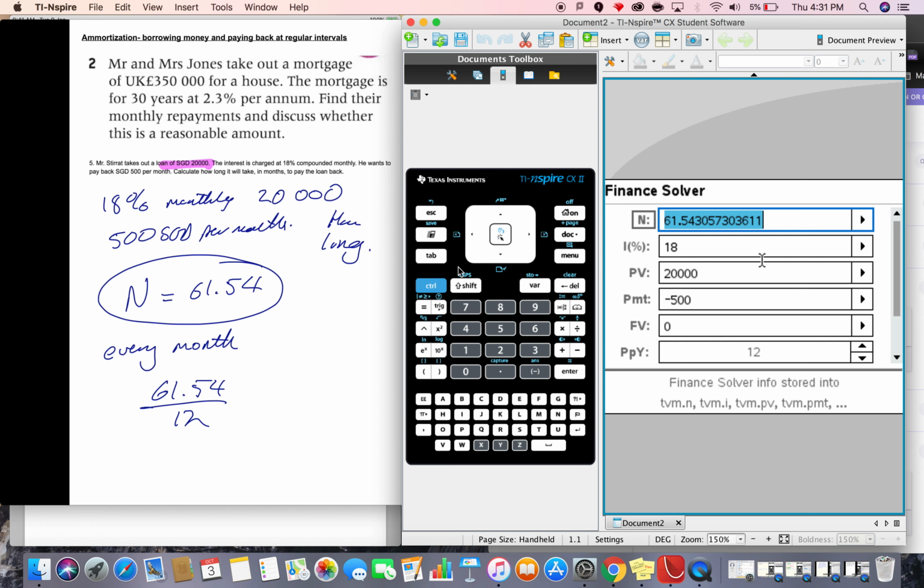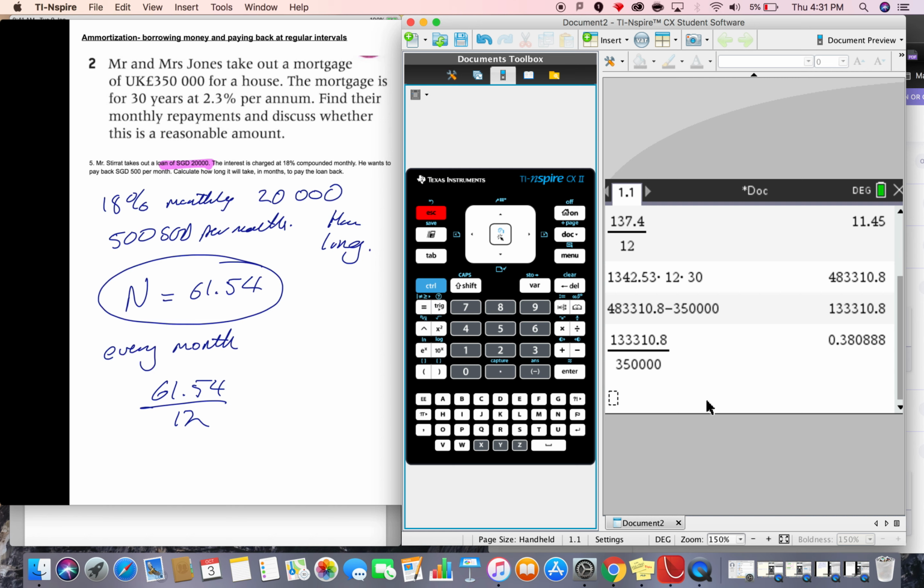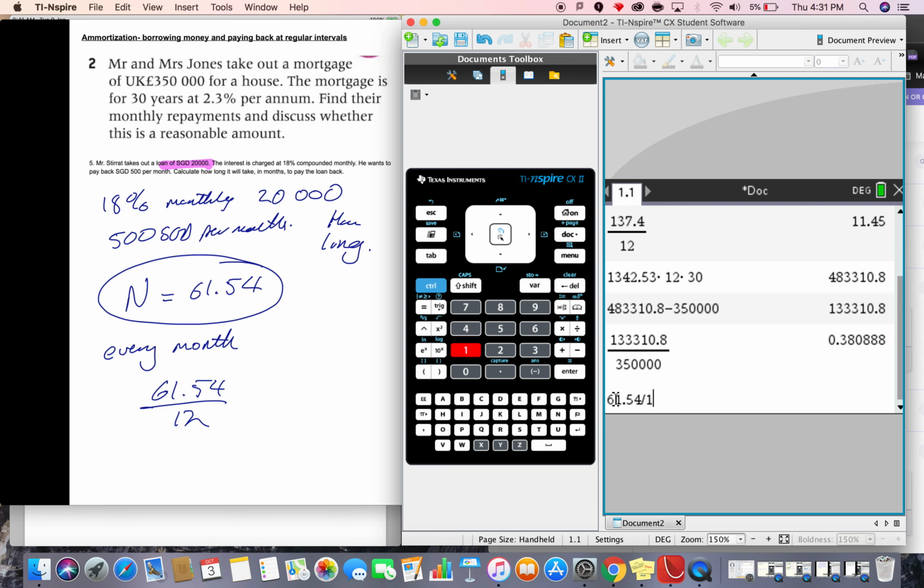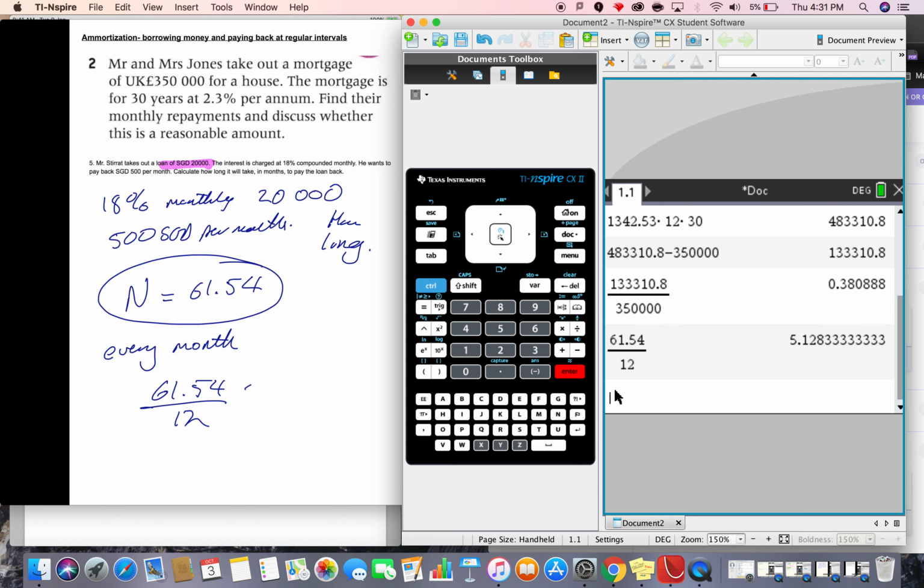So let's just get the calculator out, press escape. 61.54 divided by 12. That's not coming up. Let me try that again. 61.54 divided by 12. Okay, so it's approximately 5.13 years. And I don't want to leave the question there because I just want to see that 18% is such a high interest rate for a loan.